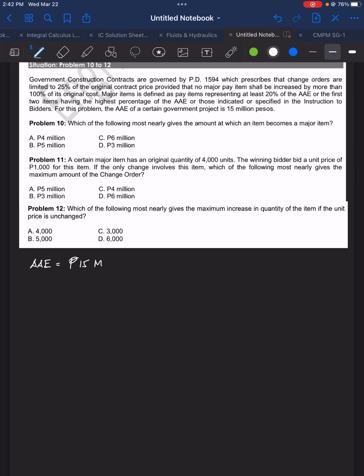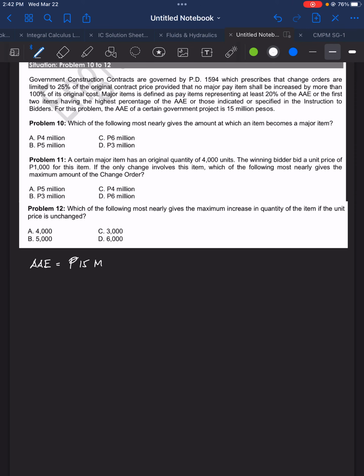So this is the reason why whenever a bidding is conducted, the agency conducting the bidding or who is going to award the project should not reveal or show the AAE to the bidders.